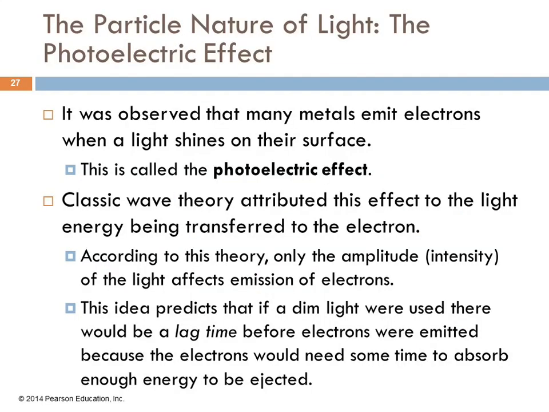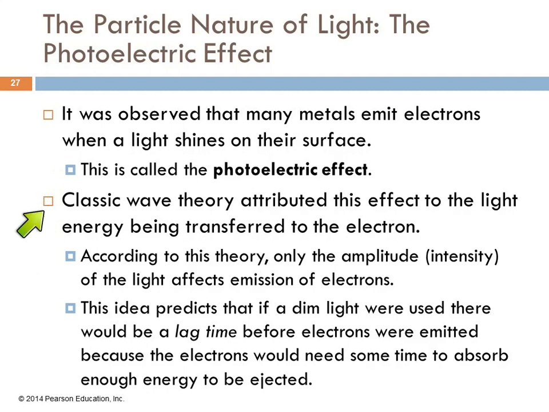So one of the interesting things that happened with quantum mechanics was looking at the particle nature of light. We're just talking about light being a wave, right? It's electromagnetic energy. Well, it was observed that many metals will emit electrons when a light is shined on their surface. It's called the photoelectric effect.